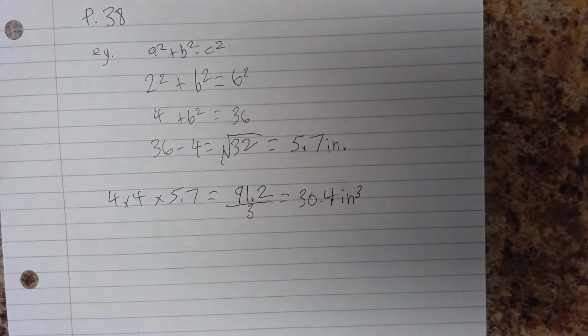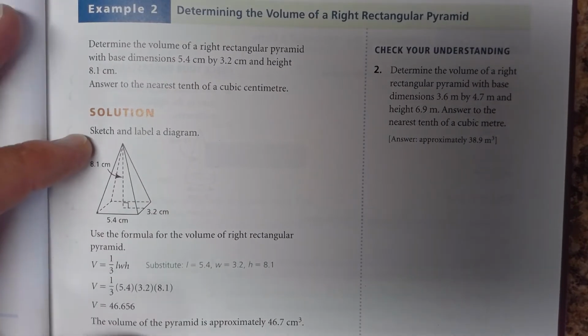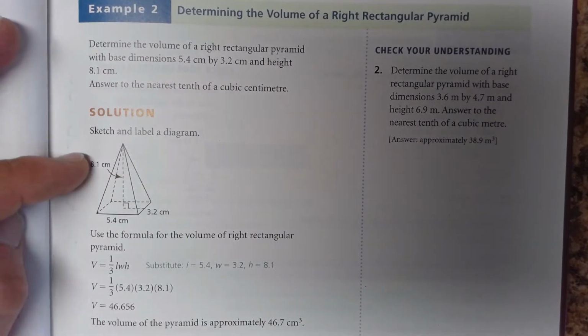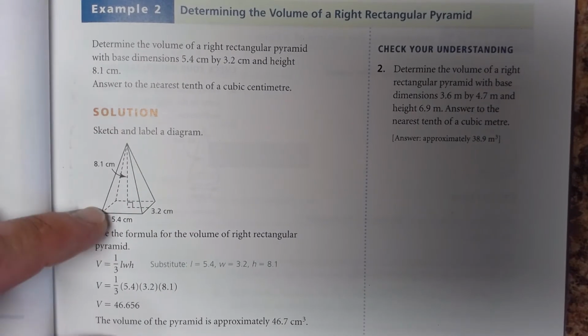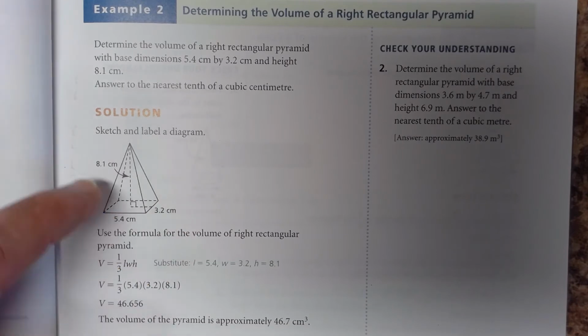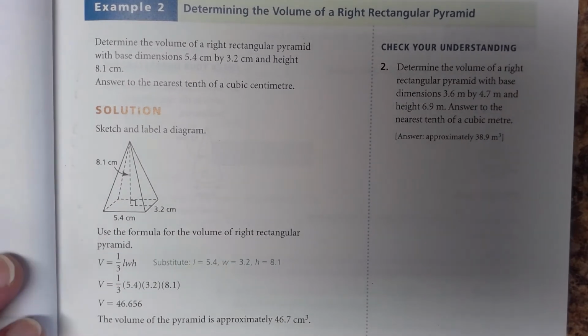The other example on page 38 is essentially the same. Let's look at the one on page 39. Right here, page 39, we have a pyramid with, this time, the straight height, and it's a rectangle. It's 5.4 by 3.2 with a straight height of 8.1. So again, this becomes relatively easy to do.